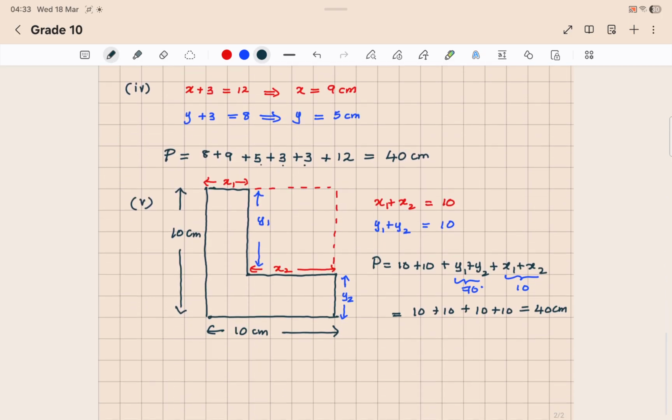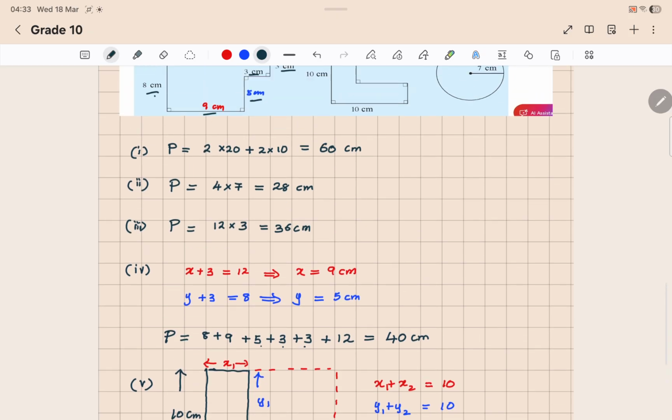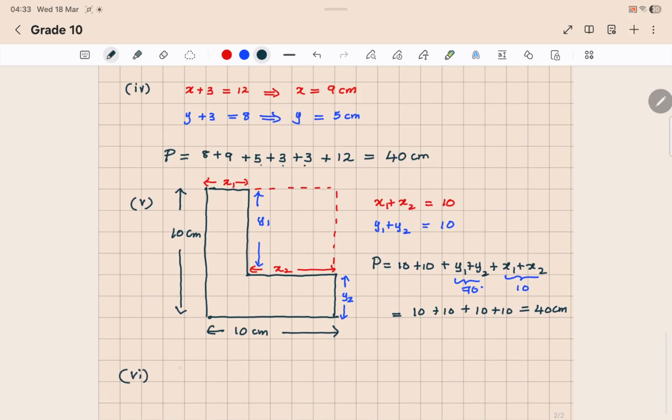Then the final one, the circle. For a circle, the perimeter is the circumference. So 2 pi r, where r is 7 centimeters. We'll take pi as 22 over 7.